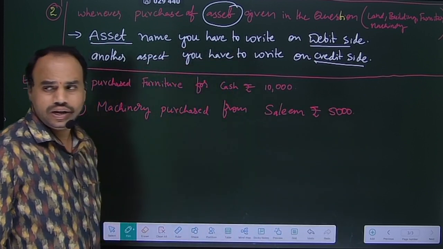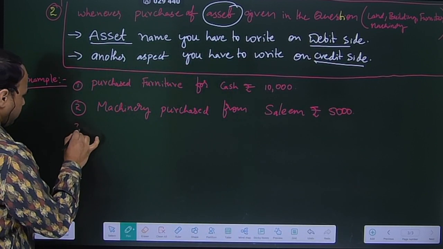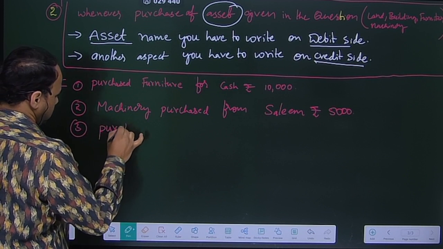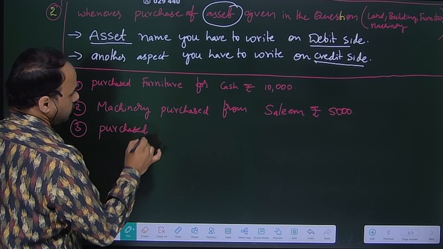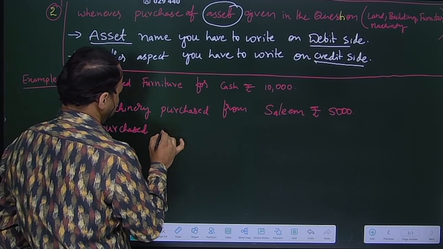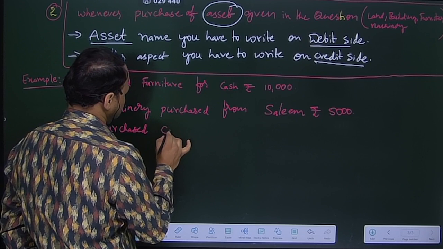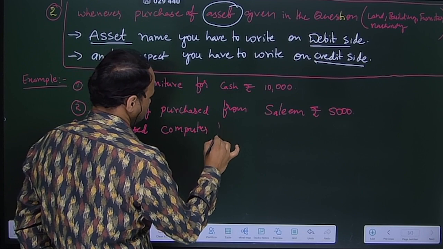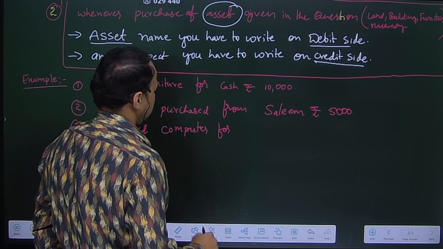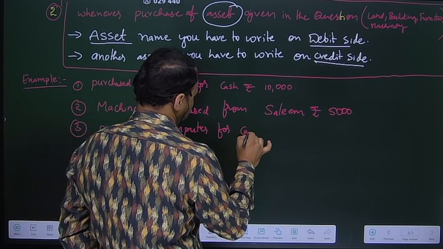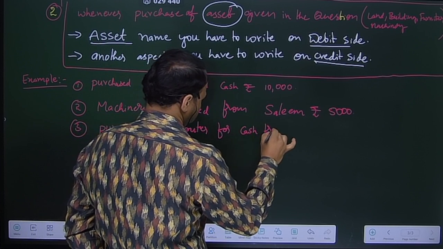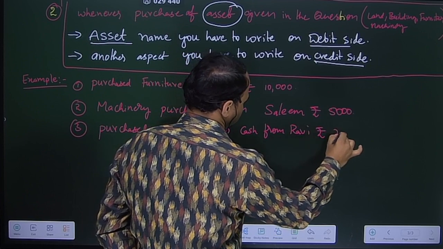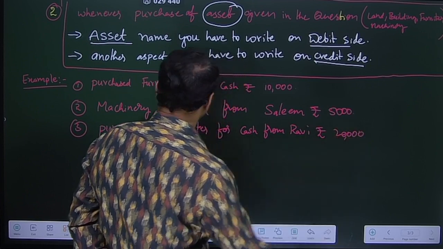One more example: purchased computer for cash from Ravi, rupees 20,000.